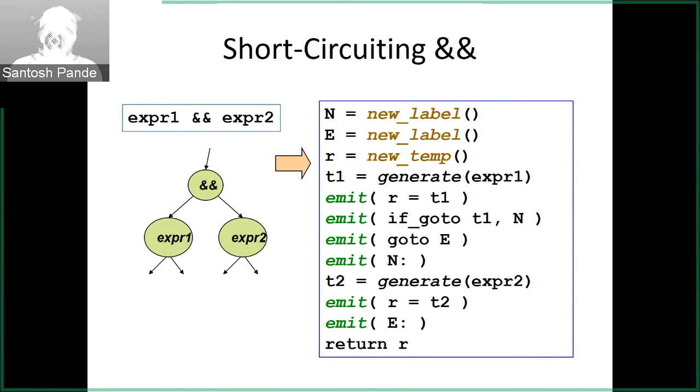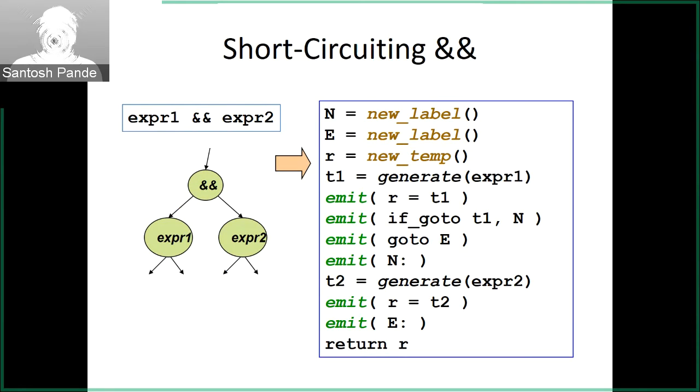In a manner very similar to the OR, what we are doing here is calling the generate function. That expression is always evaluated in T1, and T1 is the return value of that expression in a temporary name.